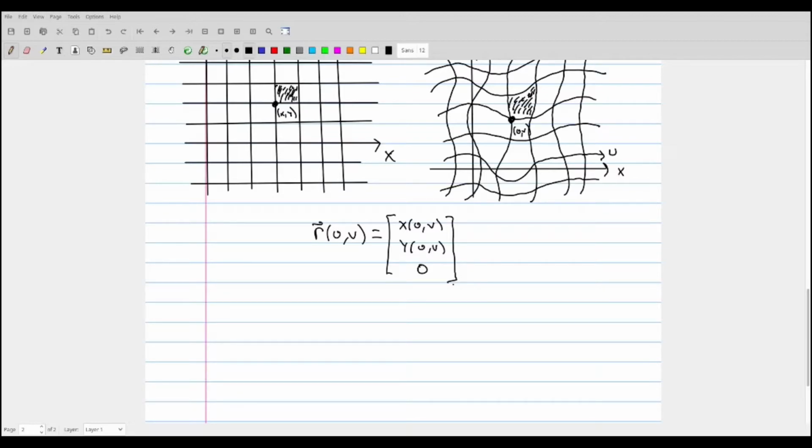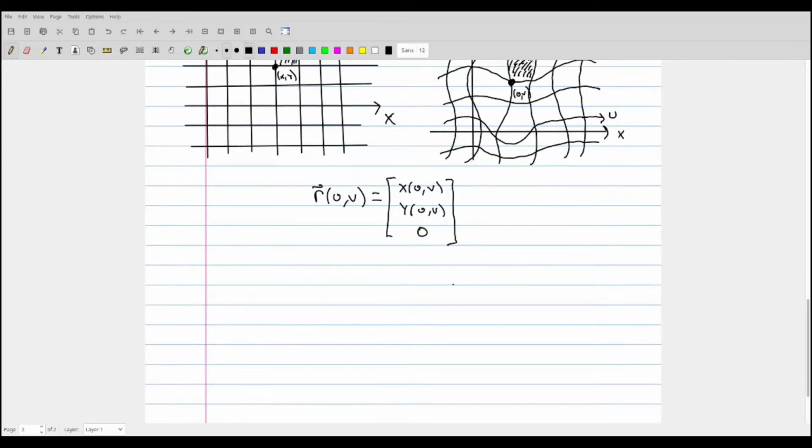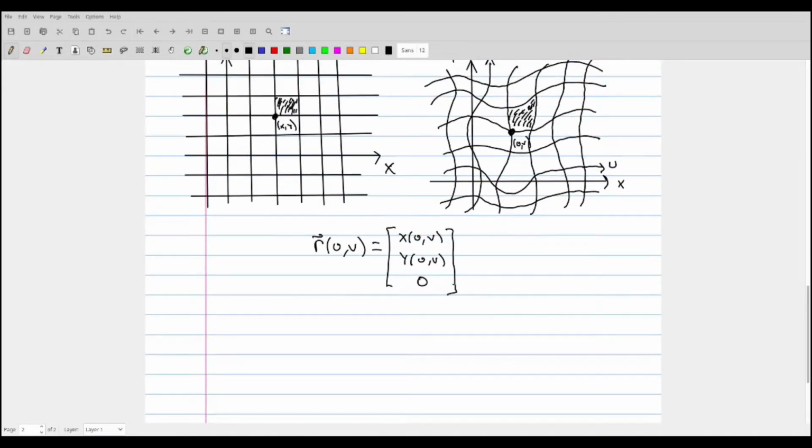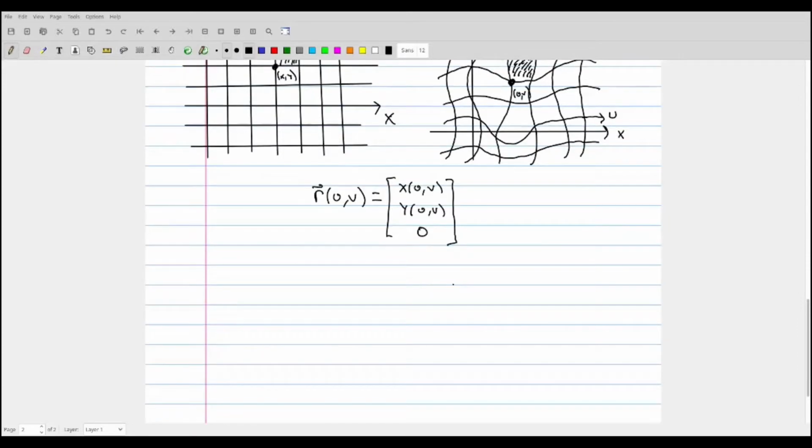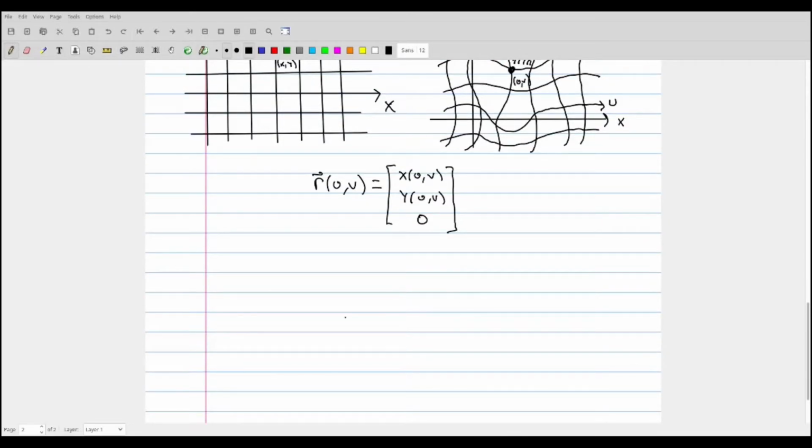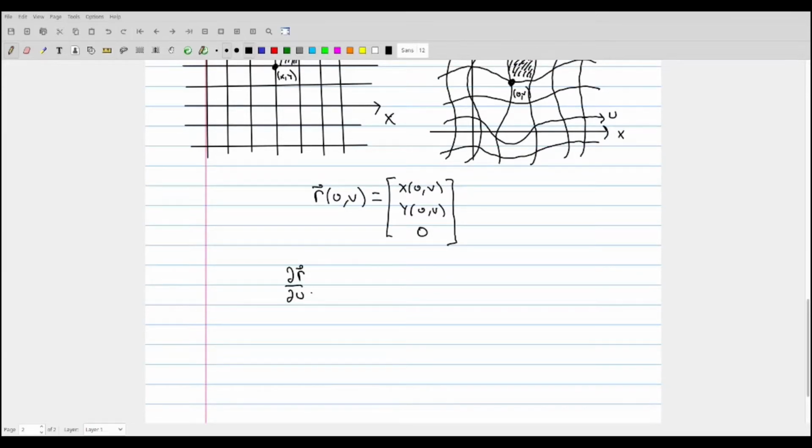So we need to figure out a way of obtaining the tangent vector to the curve, and that's done by taking the partial derivative. We're taking the partial derivative of the position vector, or dr du, at a given point, which amounts to taking the x partial derivative with respect to u and the y partial derivative with respect to u.